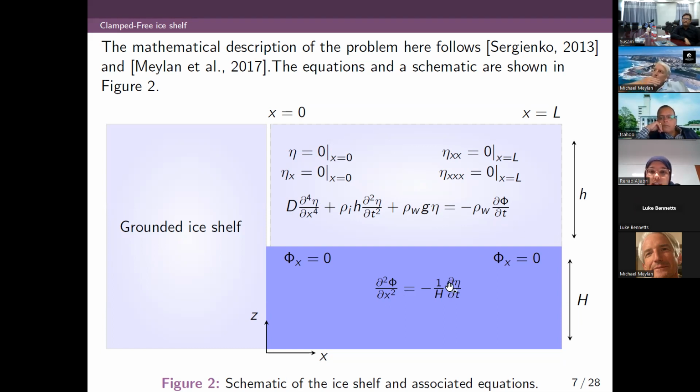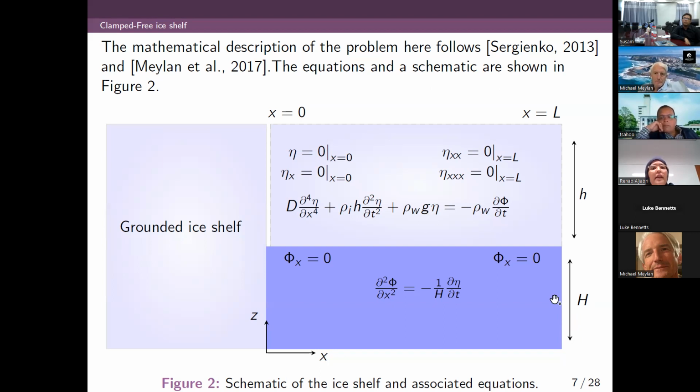So here eta is the lower surface of the ice. Rho sub I is the density of the ice, H is the thickness of the ice, rho sub W is the density of the water, g is the acceleration due to gravity, and capital H is the depth of the cavity.